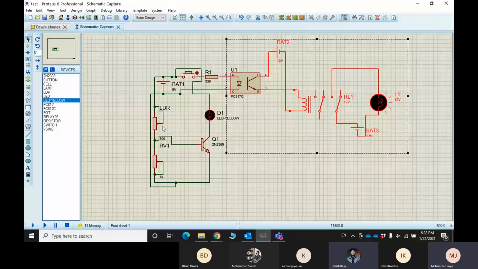So we only remove the switch, the button? Yes, the whole circuit. No, not the battery. You can attach another battery, whatever you want to do. Just delete this object.